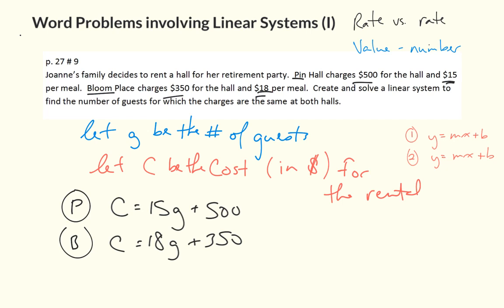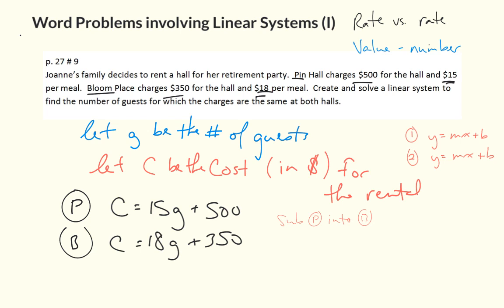For me, whenever I see a variable equals and a variable equals, that says substitution, sub one into the other. So I'm going to sub what C is for the first one into the second one. I'm going to communicate well and say I'm going to sub equation P into equation B.